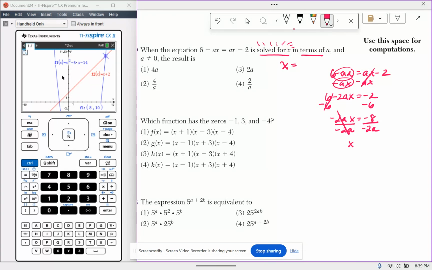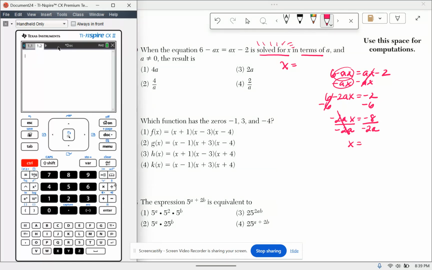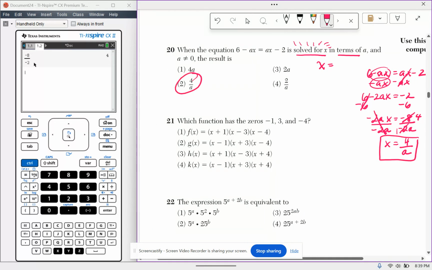So now I have x equals -8 over -2. That reduces to a 4. So the 4 remains up here, and then this becomes a 1. So I now have 4 over a, which is choice 2.